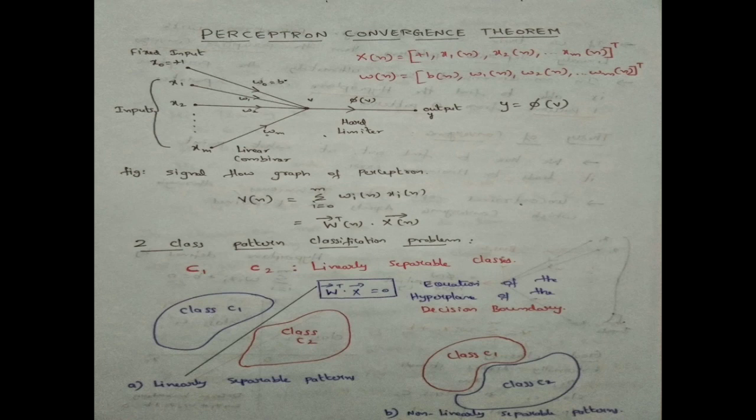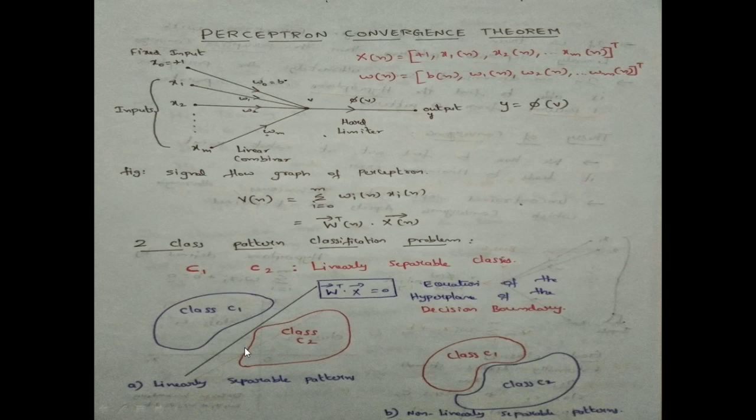Let us say that this is the set represented by class C1, and this set of patterns belongs to class C2. If we draw a straight line between these two classes, this straight line makes the two classes linearly separable. That is, there is a clear distinction between class C1 and class C2, so these two classes can be called linearly separable classes, and these patterns are called linearly separable patterns.